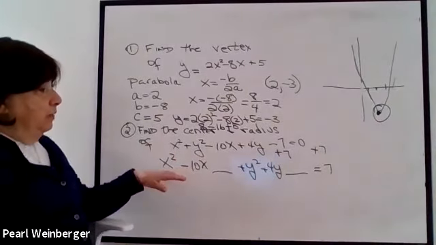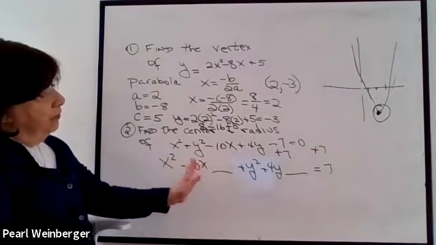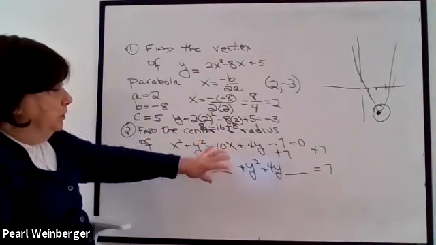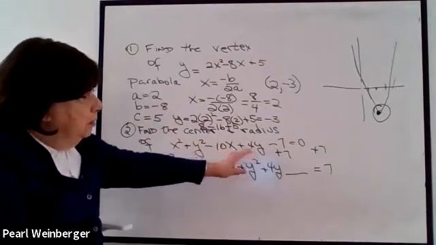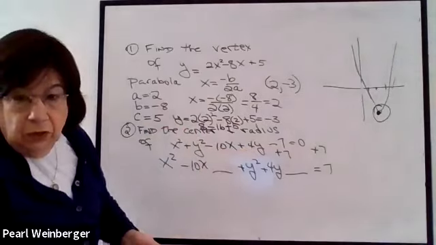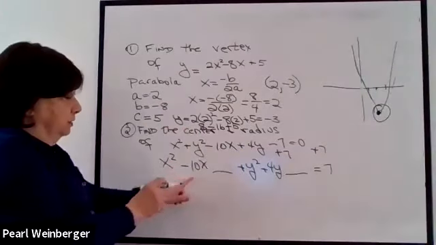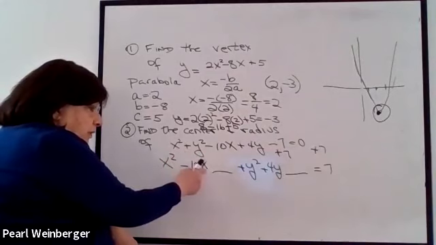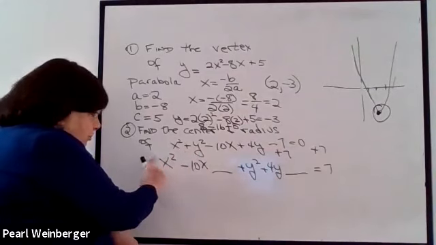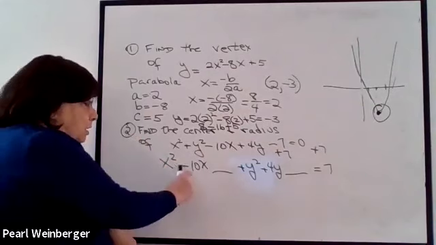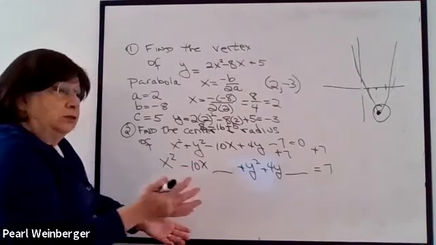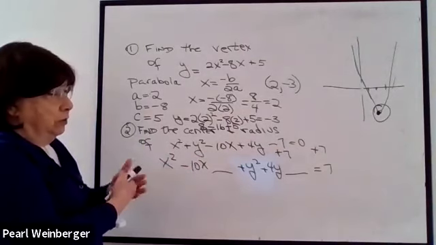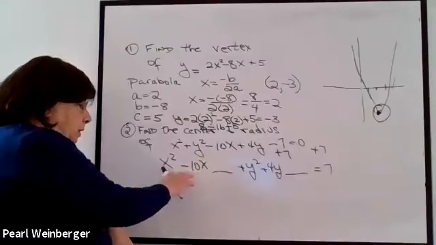Okay, the next thing we have to do is complete the square on two things. We have to complete the square on the x's, and we have to complete the square on the y's. In order to complete the square, we take the number that's in front of the x term. The x squared coefficient has to be 1. If there's no x term, that means the x center is at 0.